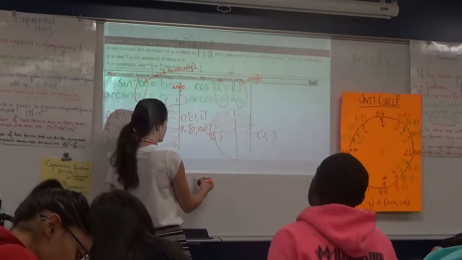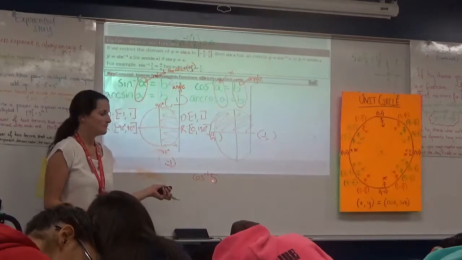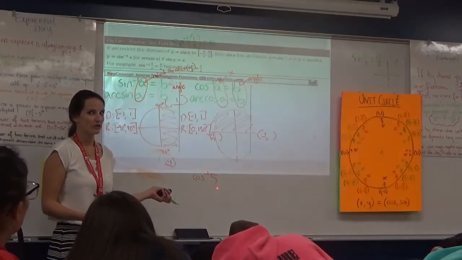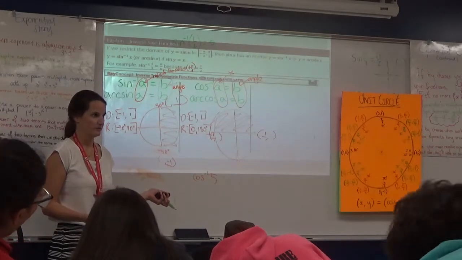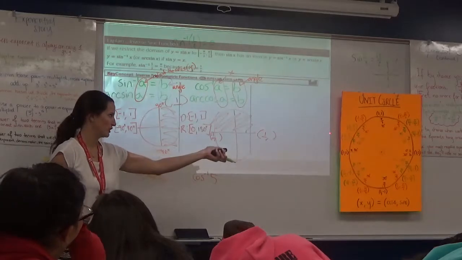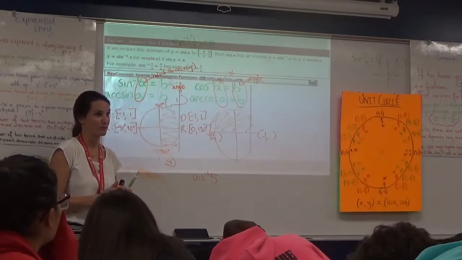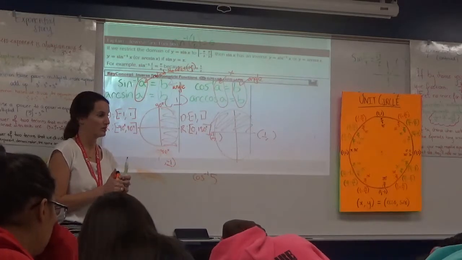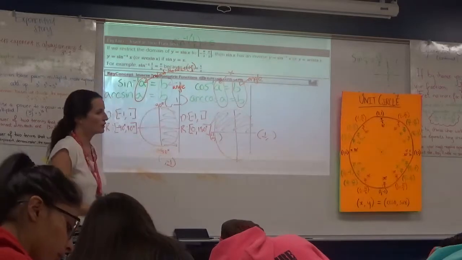So if I ask for cosine inverse of 5, is there ever going to be an x value of 5? No, that would be way over here if this is a positive 1, way over here. So that would be does not exist. If you plug that into your calculator, it'll give you a does not exist. So it only goes from -1 to 1.